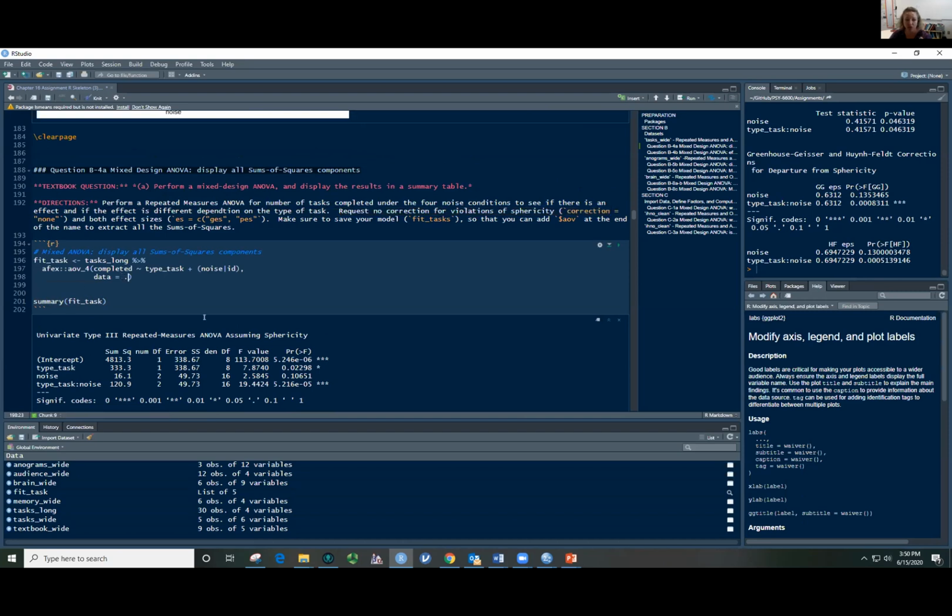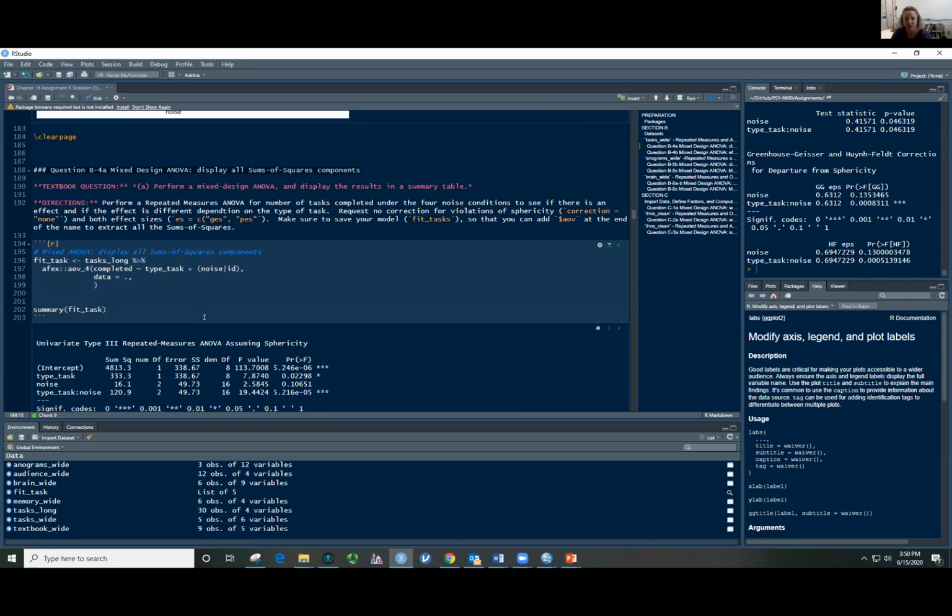And the way that you do this is after you say data equals dot, you have to do comma, enter, anova_table equals, and then you can put a list of options. The first option we're going to put in there is correction equals none. This overrides doing the correction. I mean, we could argue that you should do the correction here, but I'm going to override out of it, okay?